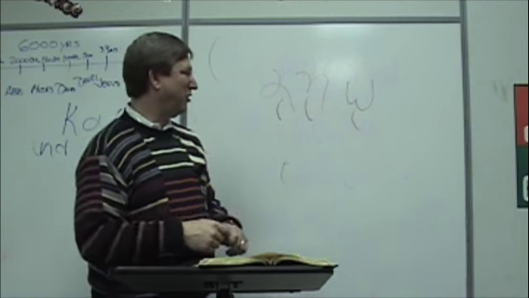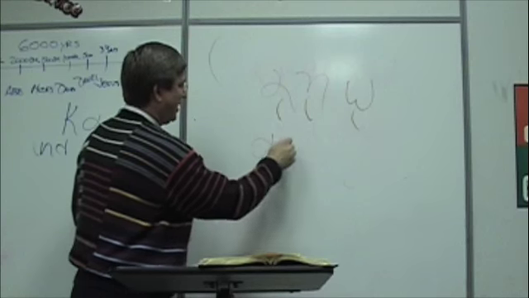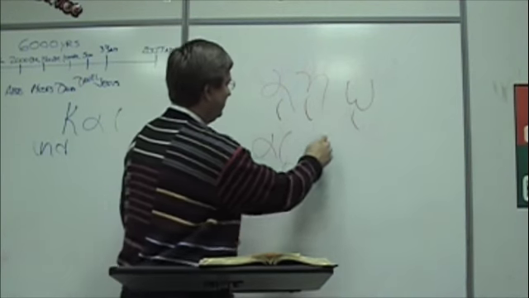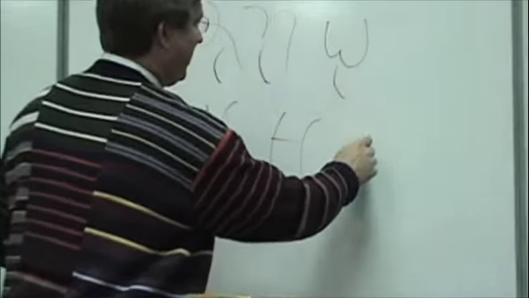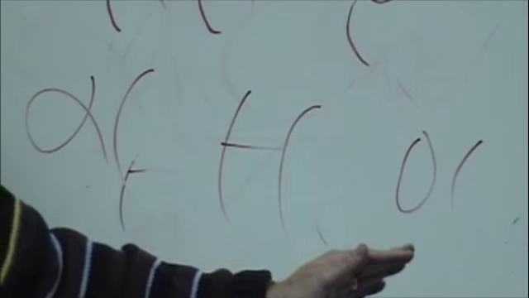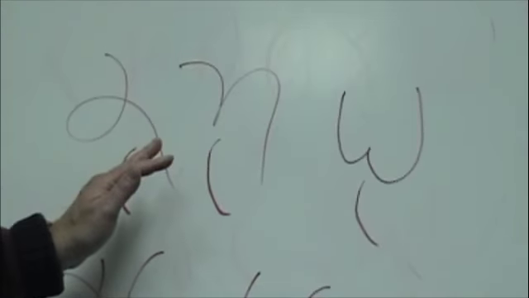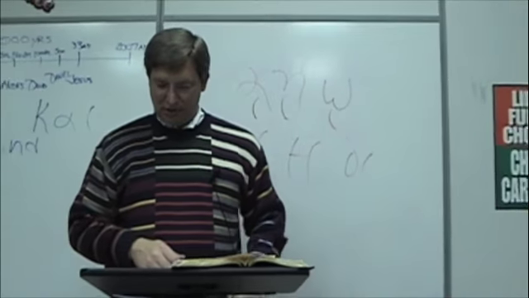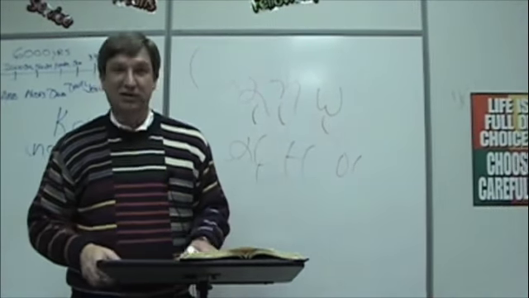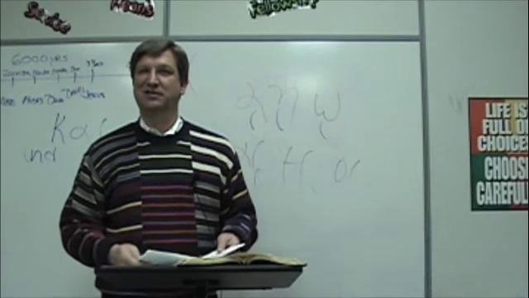When it's combined with a short vowel, it's spelled beside it, like alpha iota, omicron iota. That's the short vowel, that's the diphthong. When it's long, the iota is not pronounced, but it is the subscript. Okay, any questions about that?